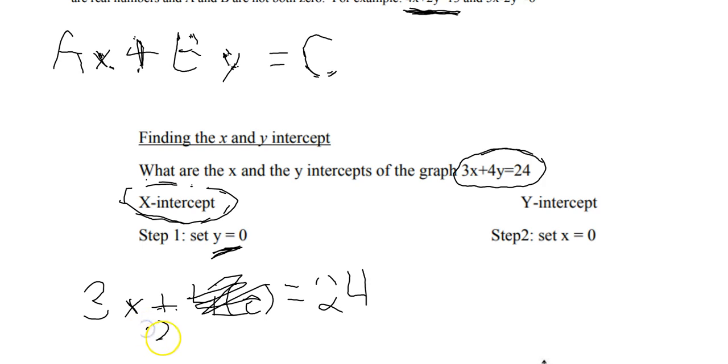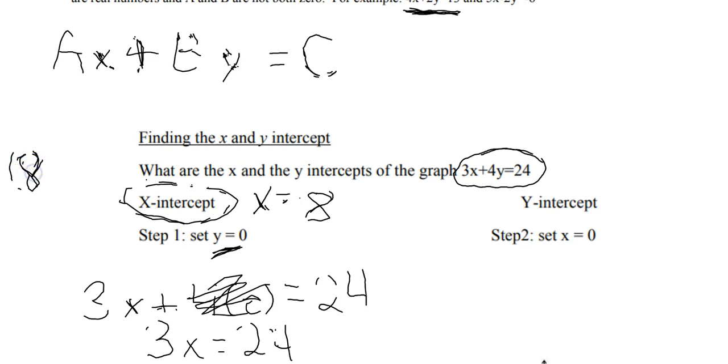I've got 3x equals 24, which ends up giving me x equals 8. So I have 1 point at (8, 0), because remember we plugged in 0 for y.